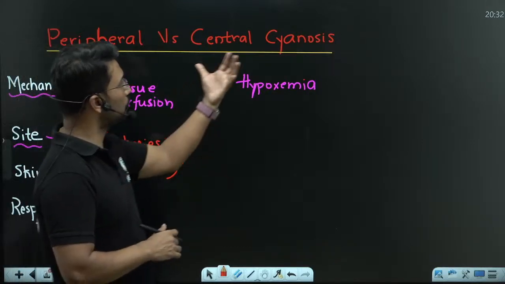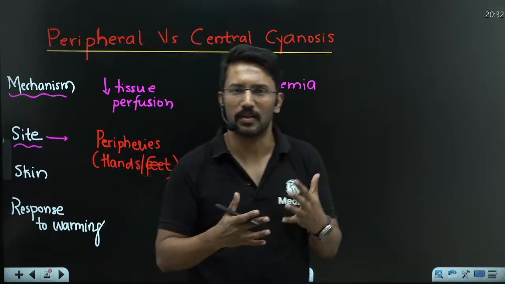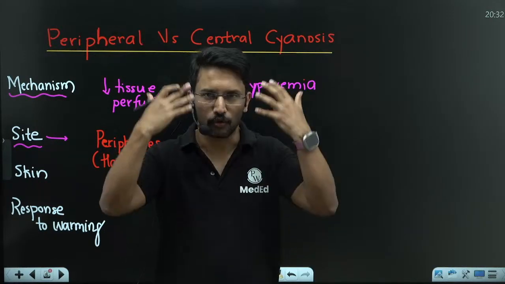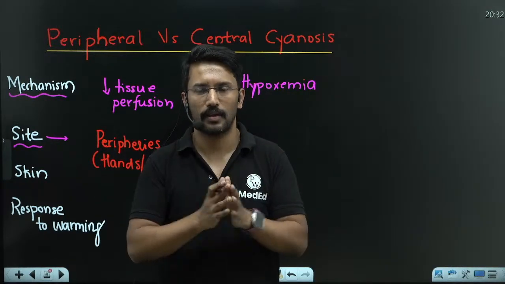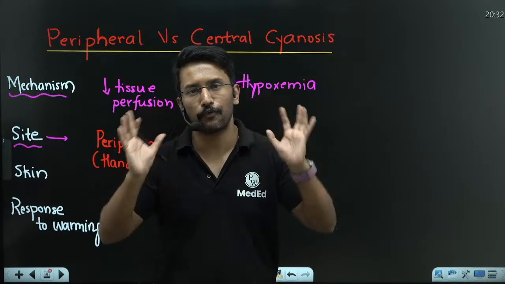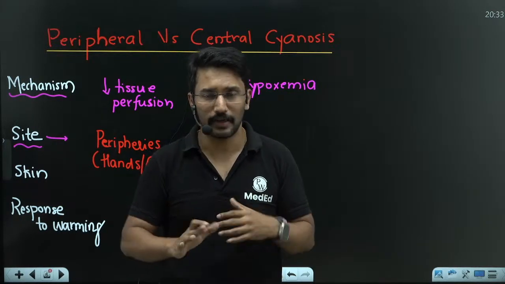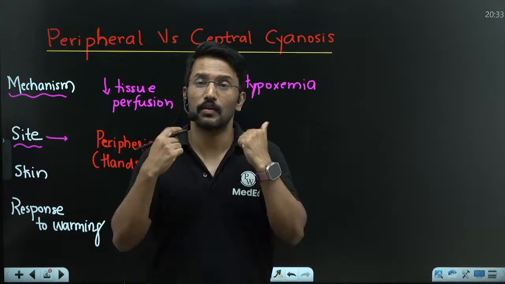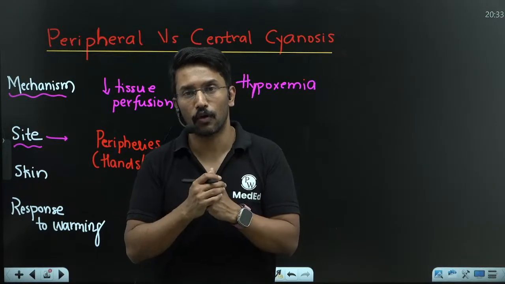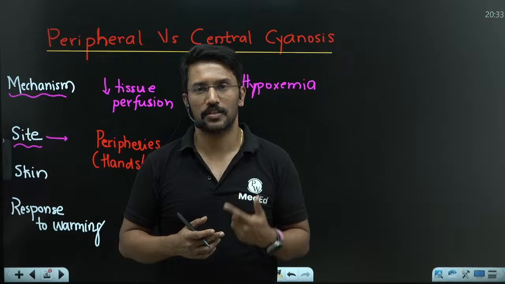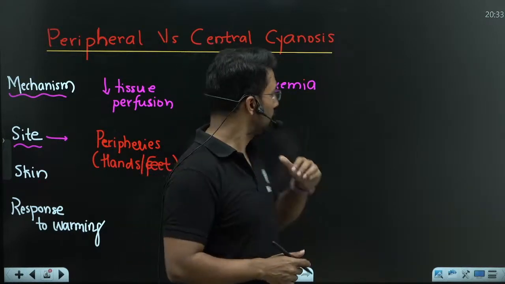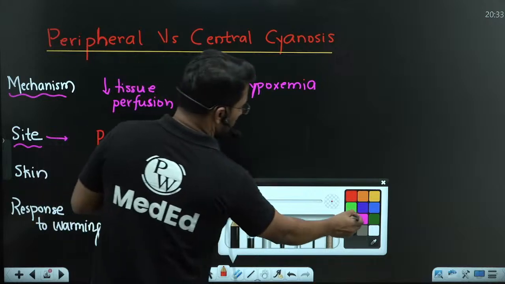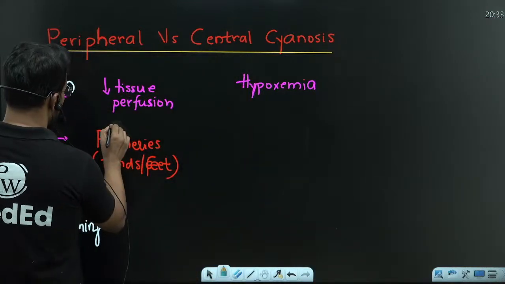But when it comes to central cyanosis, there is hypoxemia. Less oxygen is going to every part of the body, right? So the amount of reduced hemoglobin everywhere is increased. And because of that, peripheries will definitely show the cyanosis, but we will also see the cyanosis involving the core of the body, which is mainly your mucosa, right? So please remember the site when I say peripheries. In peripheral cyanosis, only skin is involved.